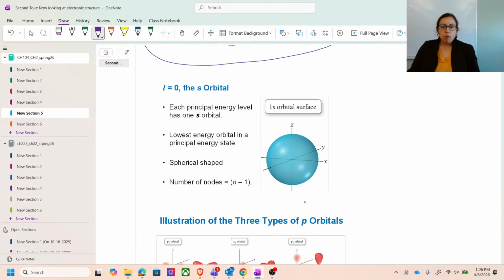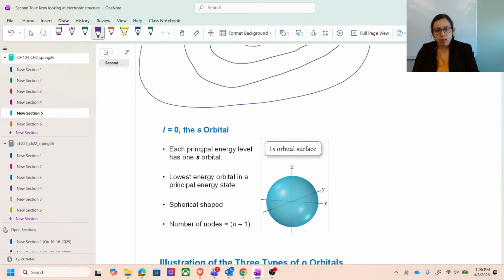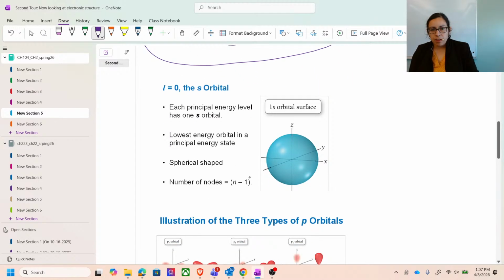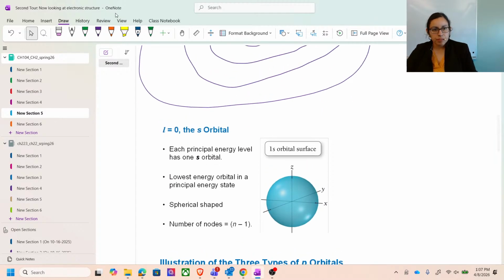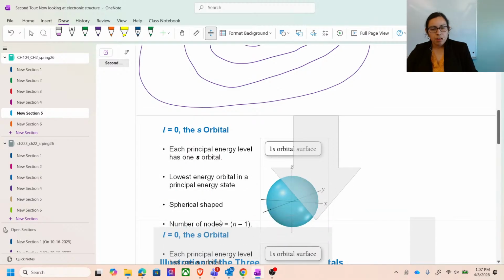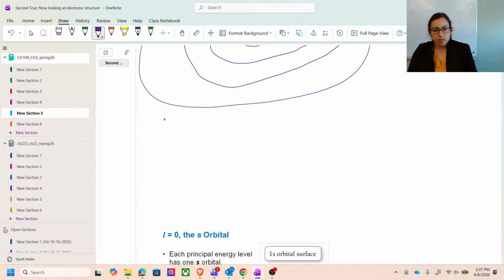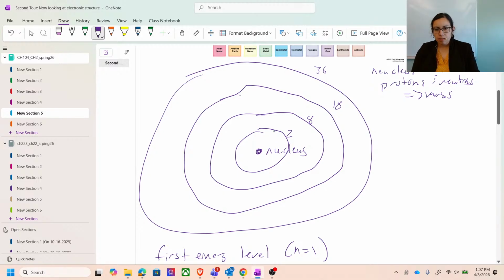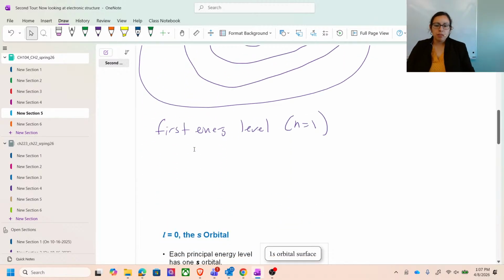This is where everything comes from. We start off with our first energy level, sometimes called n equals 1. That's this little part right here. And let's see what that corresponds to.